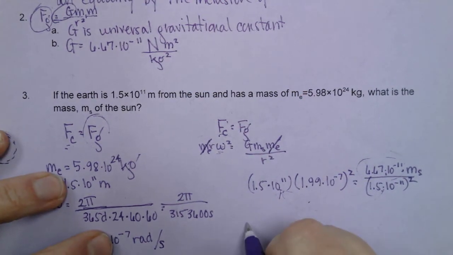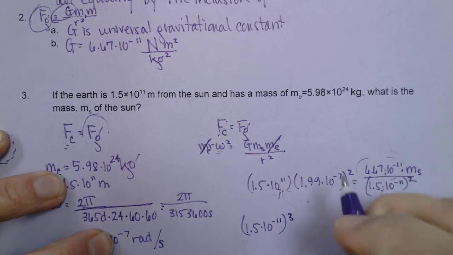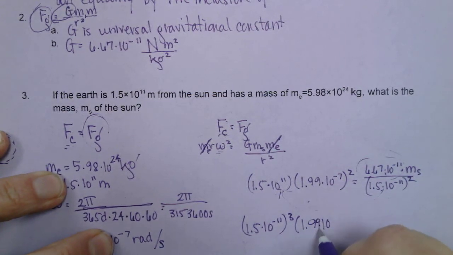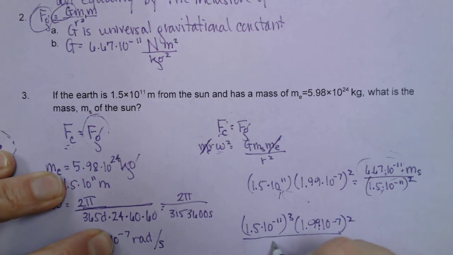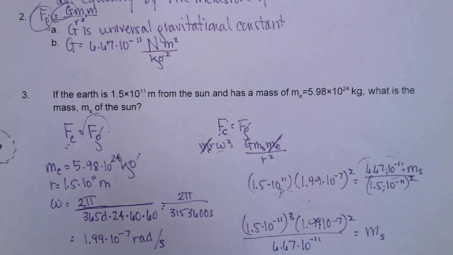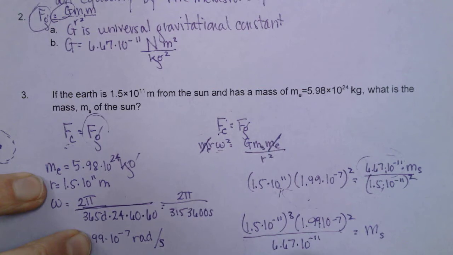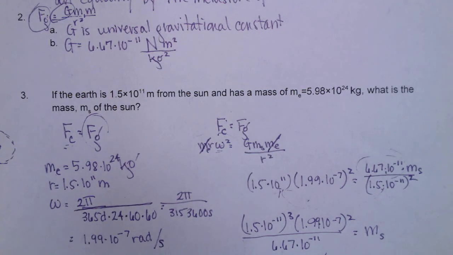So I end up with this, 1.5 times 10 to the negative 11, quantity cubed, times 1.99 times 10 to the negative 7 quantity squared, all over 6.67 times 10 to the negative 11, and that ends up being the mass of the sun. Do the math on that, and you end up with mass of the sun is equal to 2 times 10 to the 30th kilograms.